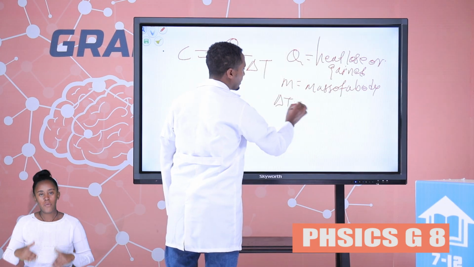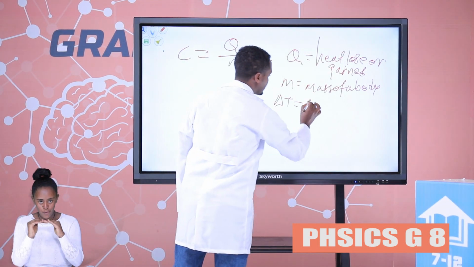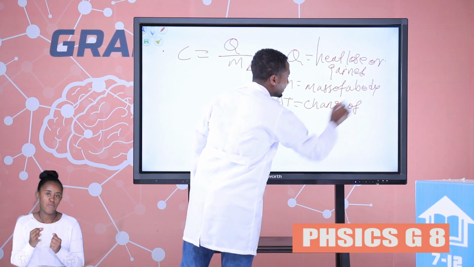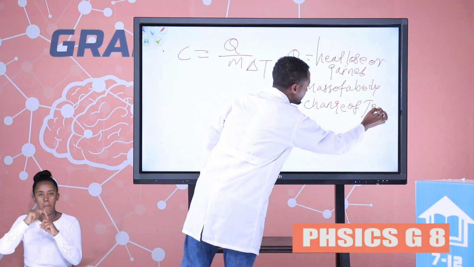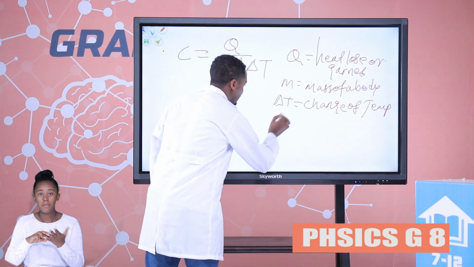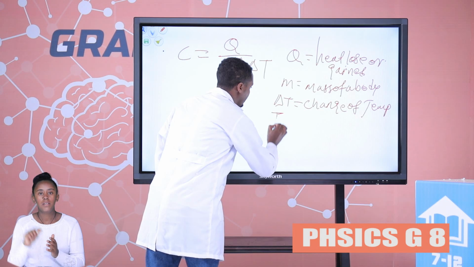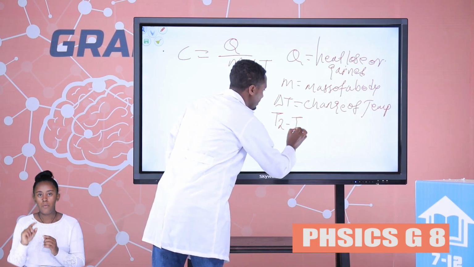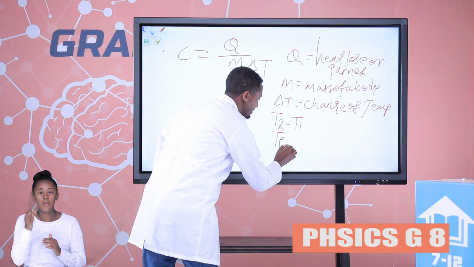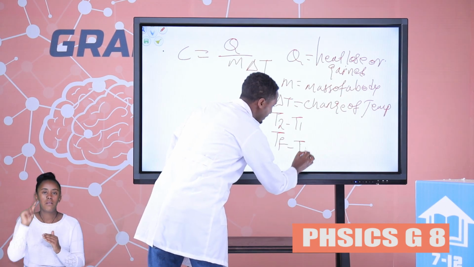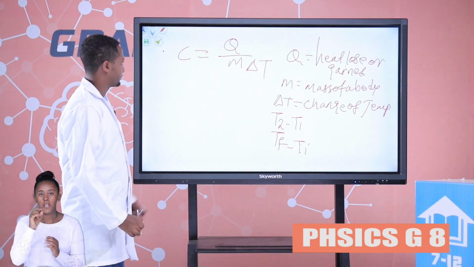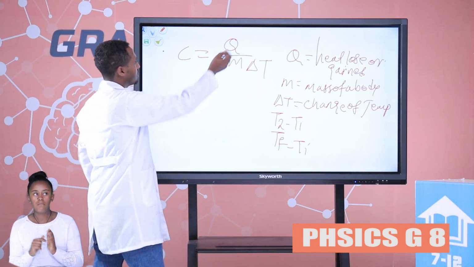Change of T is equal to change of temperature. This means T2 minus T1, or TF minus TI.